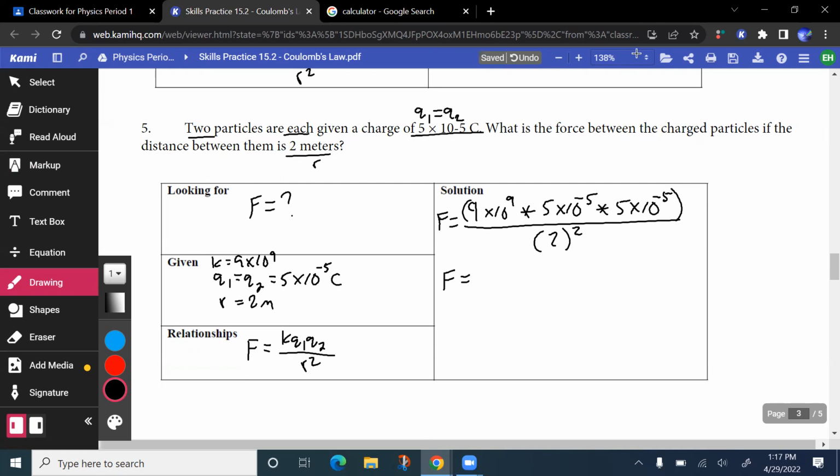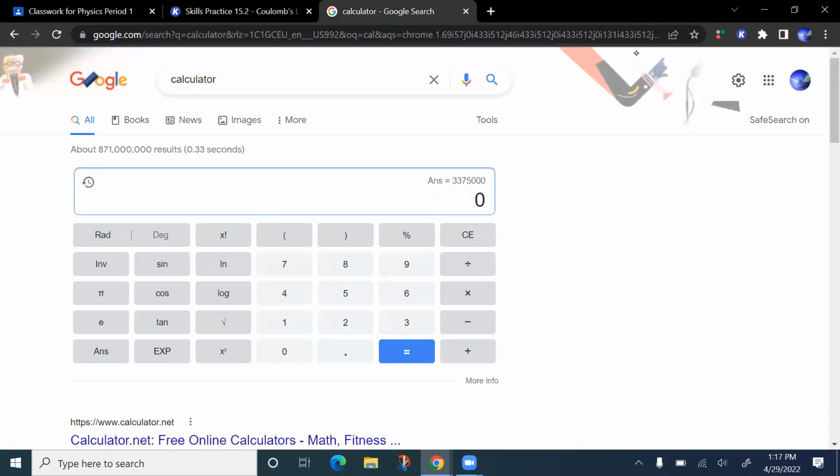Let's put that in our calculator. Open parentheses, 9 times 10 to the 9 times 5 times 10 to the negative 5, times 5 times 10 to the negative 5, close parentheses, divide, open parentheses, 2 meters squared.